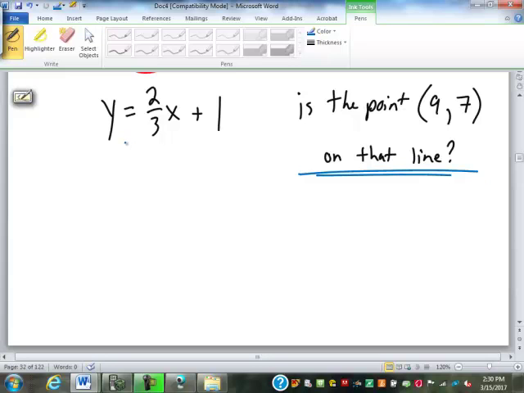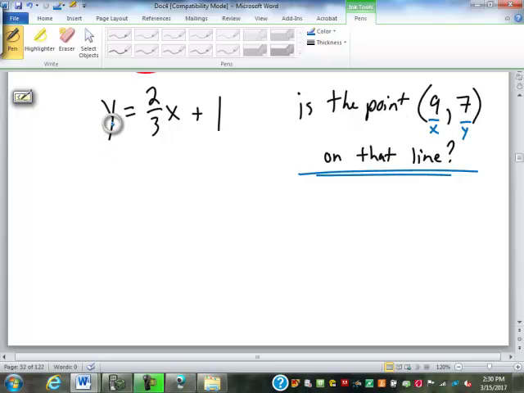You're thinking slope, but I know where you're going. What we can do here, we just have to tell if that single point is on that line. We put those numbers in for x and y and see if it makes the equation true.